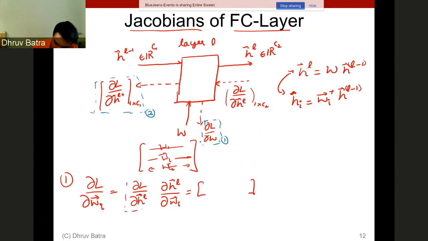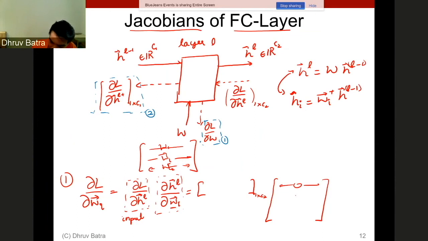The partial of loss with respect to H^L is the input. We're in backprop, so we already know this, and it is a row vector of 1 cross C2. The other object is the matrix that we have to compute, the partial of H^L with respect to W_i. And this has the same sort of structure. If you look at the structure of this matrix, it turns out it has 0 rows, because changing W_i does not affect any other output other than H_i.